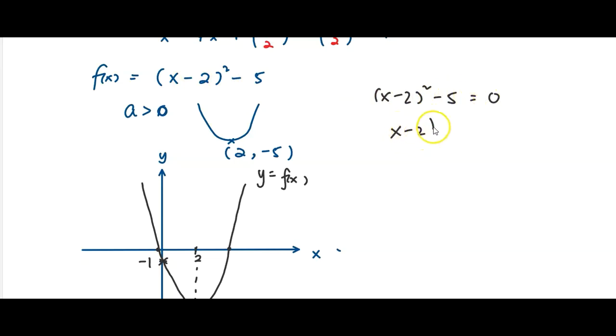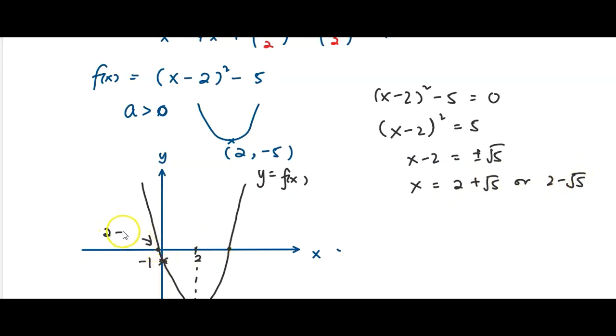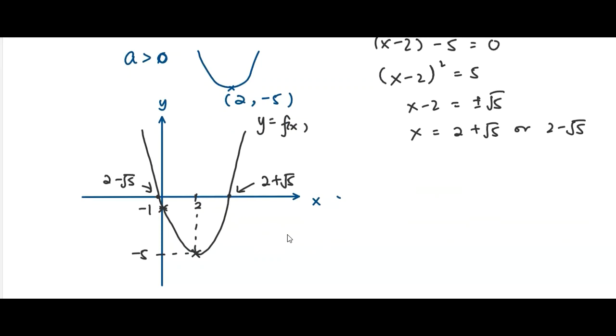You will have (x minus 2) squared equals 5, x minus 2 equals positive or negative square root of 5, x equals 2 plus square root of 5, or 2 minus square root of 5. So here will be 2 minus square root of 5, and this point will be 2 plus square root of 5. Just label like this. Okay.